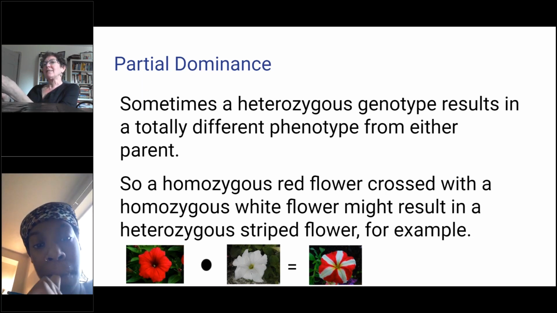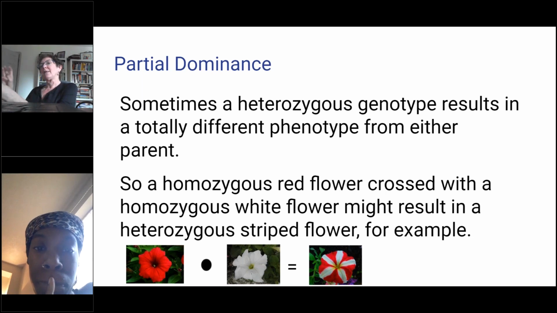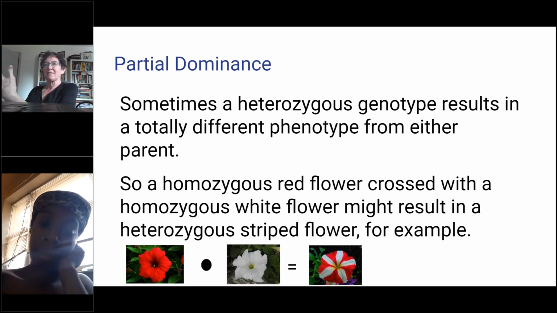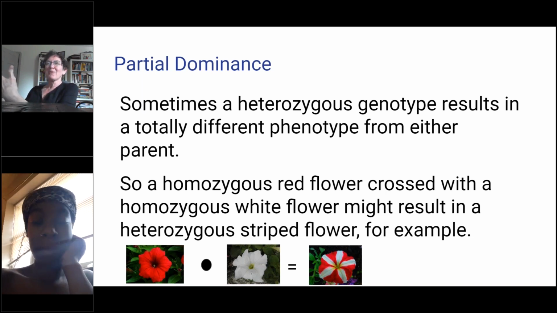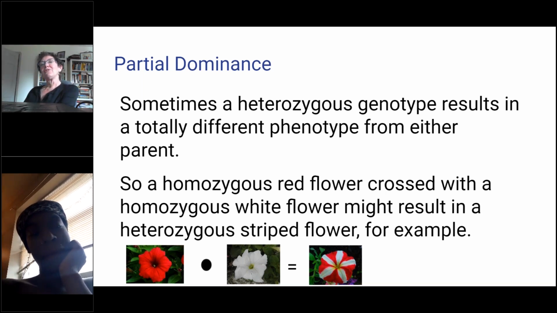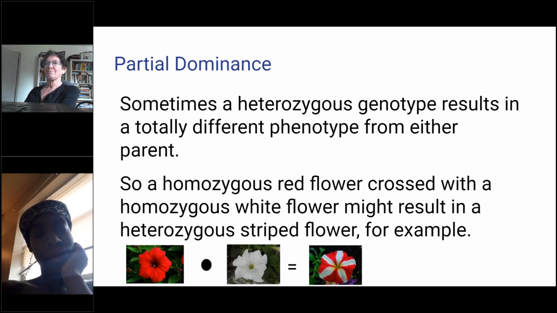So maybe instead of red plus white equals red because red is totally dominant over white, maybe it's partially dominant, and you see where those stripes come in. It doesn't totally express itself, and the white gets to express itself a little. Or maybe it would be red and white is pink, you know? So you don't know exactly. That's called partial dominance. Okay?